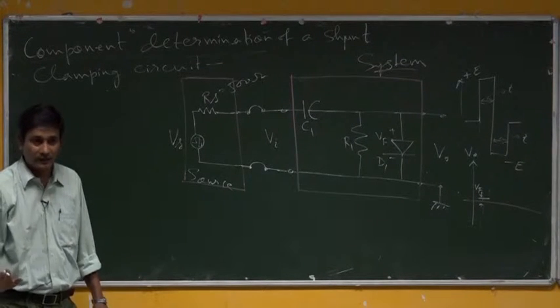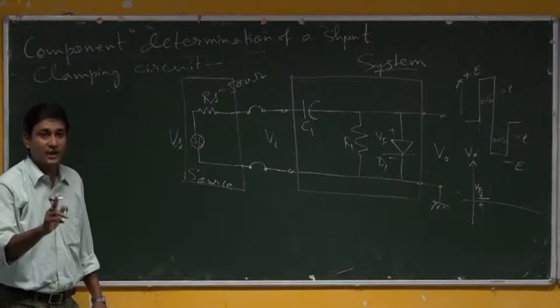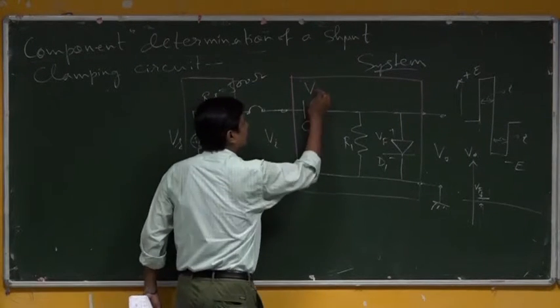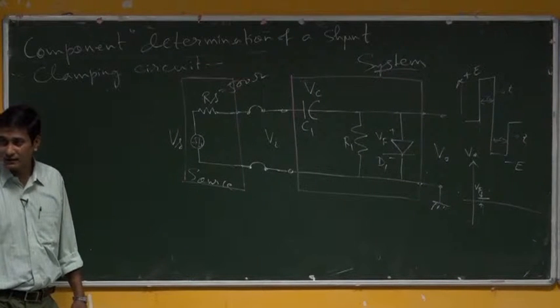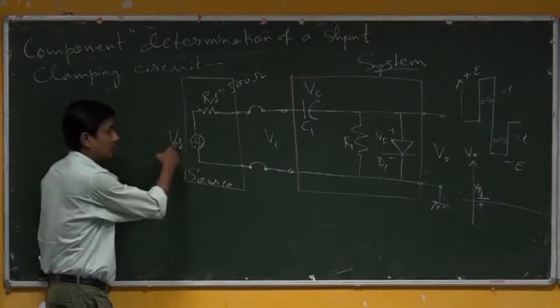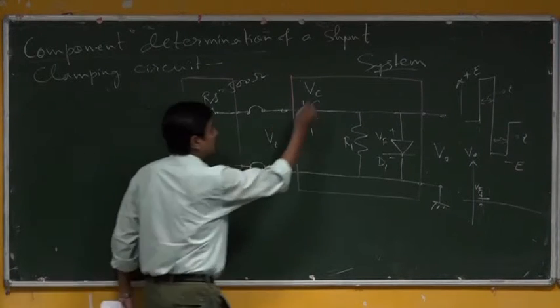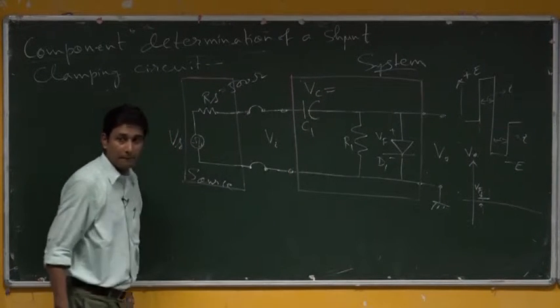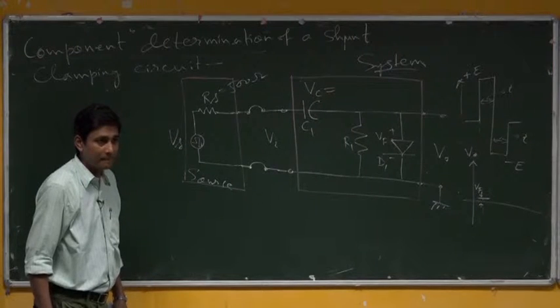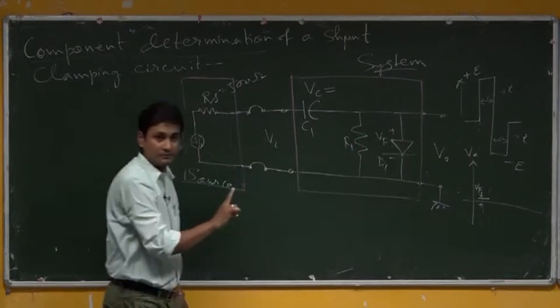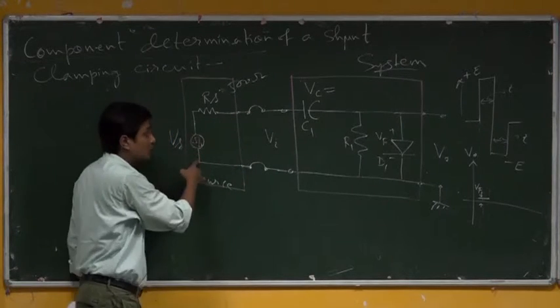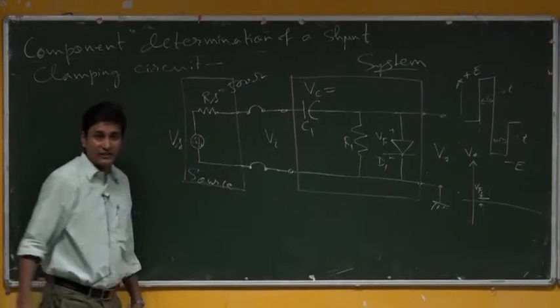To know that, first you have to analyze what the Vc potential is. If Rs would not be there, that is, short, then what would be the potential across C?